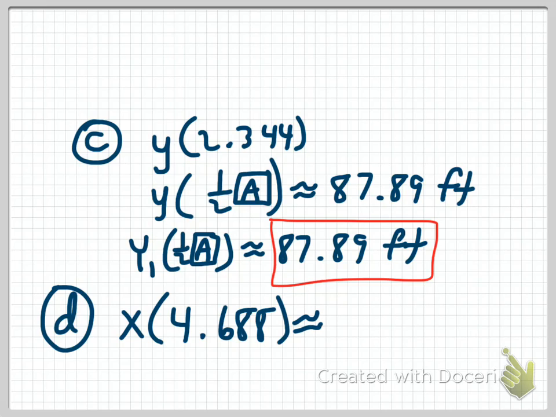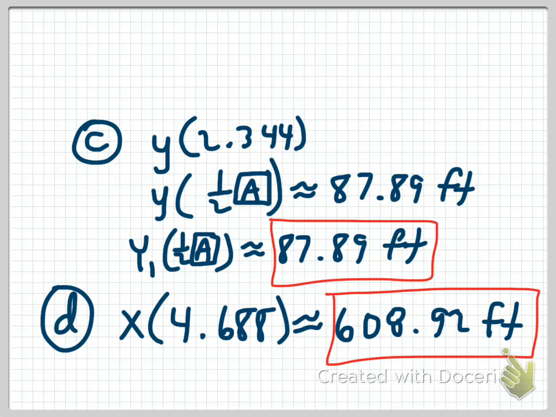Plug that into, let's say, your y2, and you should get about 608.92 feet. Like I said, we will cover this problem in class and review it to make sure you're all good with plugging this into your calculator.